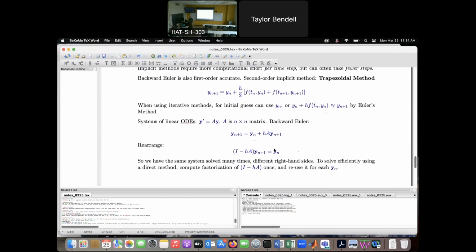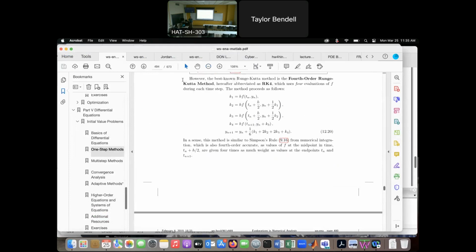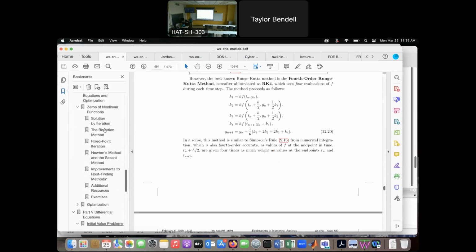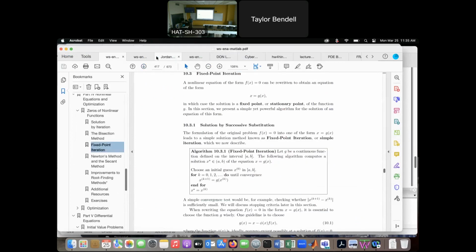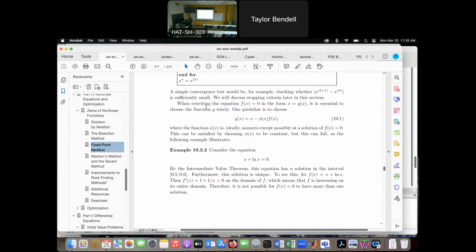Homework 5. Yeah, there's a question there. Which one? The fixed points. Okay, which one was it?